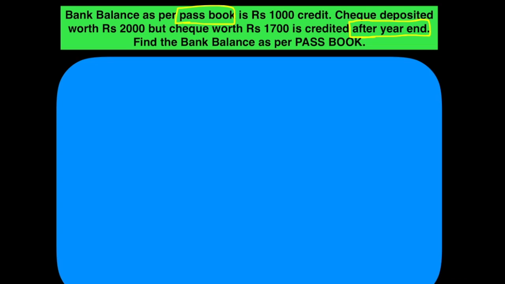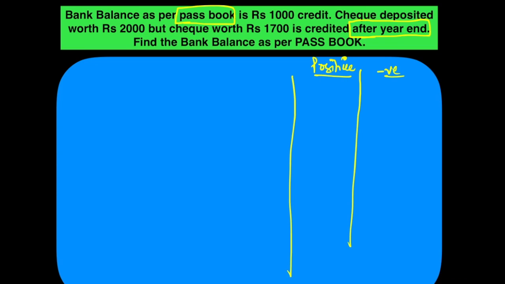Let's create the bank reconciliation statement. So these are the two lines that we draw. This is the positive balance or deposits and this is the negative balance. So this is the bank balance as per cash book. Something is mentioned either here or here.